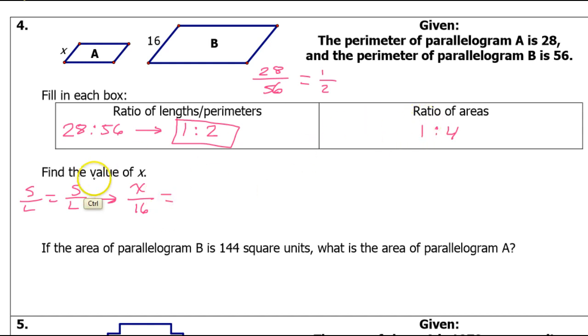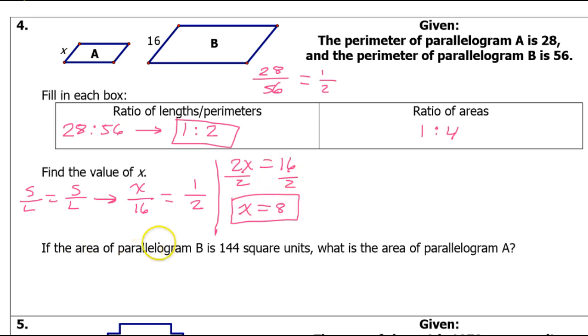And then using the ratio of perimeters in the order of small over large, that would be 1 over 2. So if you cross multiply, that's going to give you 2x is equal to 16. And then if you divide both sides by 2, that's going to give you x is equal to 8.